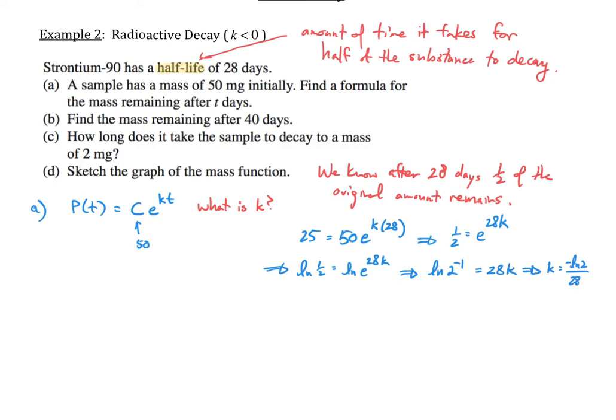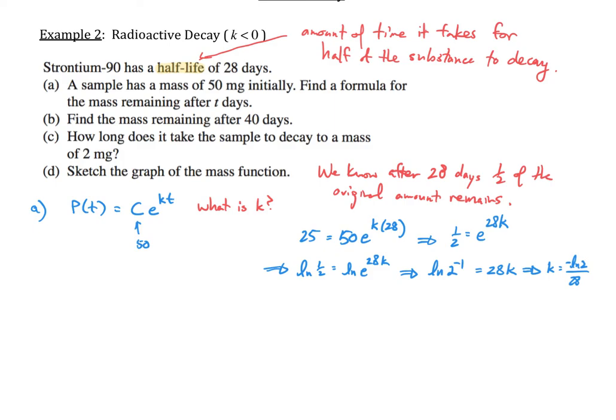So the reason why I took the time to change this 1/2 to 2 to the negative 1 and then bring that power down in front, so we see the negative here, is that I really wanted to emphasize that in a radioactive decay situation, our constant rate of growth is going to be a negative number. That k is going to be a negative number.